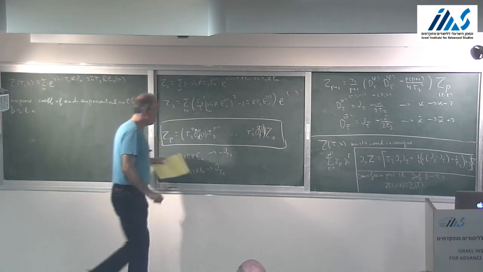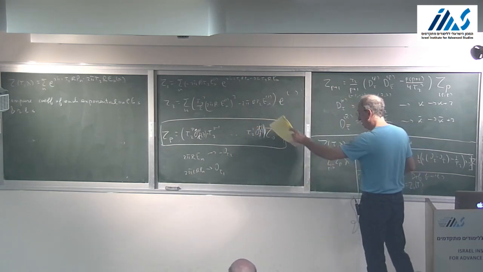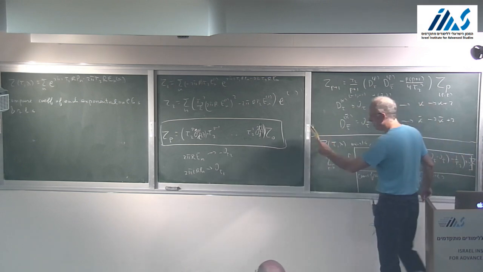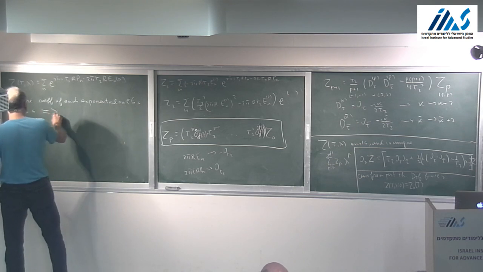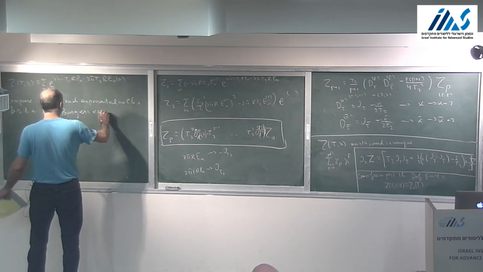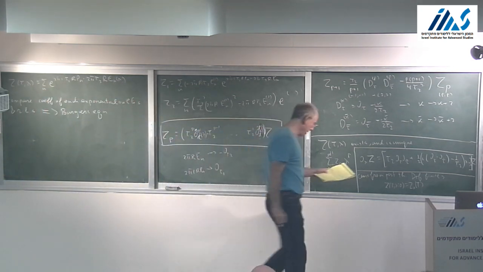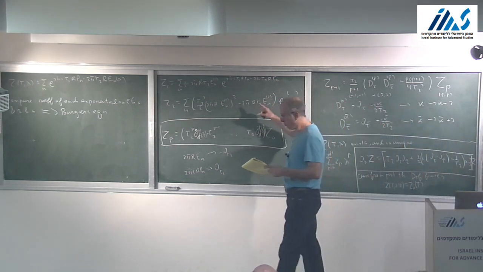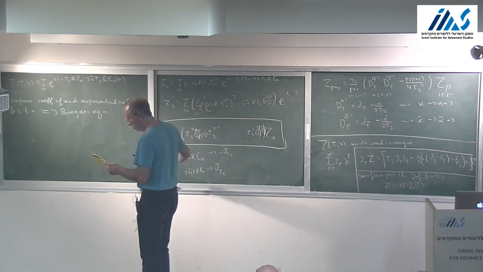You apply this operator to Z, you get something. You apply this operator, you get something else. And so you get an equation that leads precisely to the Burgers equation that we've seen, or to be more precise, the special case of the Burgers equation that applies when the original theory is conformal.